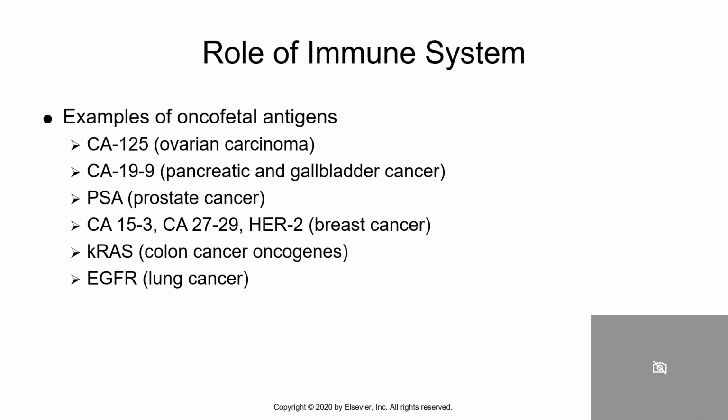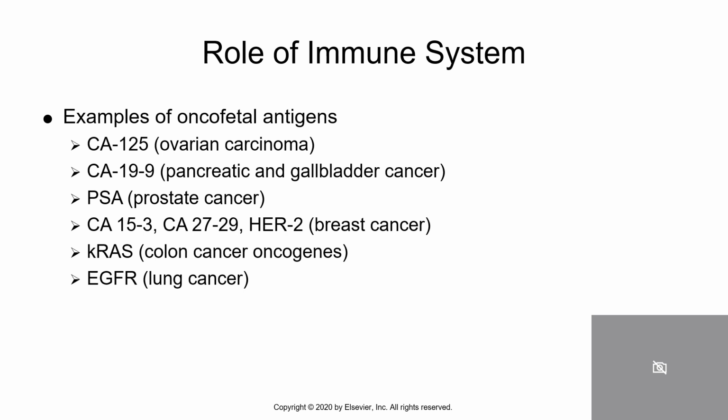Examples of oncofetal antigens include CA125, which can serve as a tumor marker for ovarian cancer. PSA for prostate cancer is another one. There are also various ones for breast cancer and colon cancer, as well as pancreatic and gallbladder cancer, that you can see listed here.